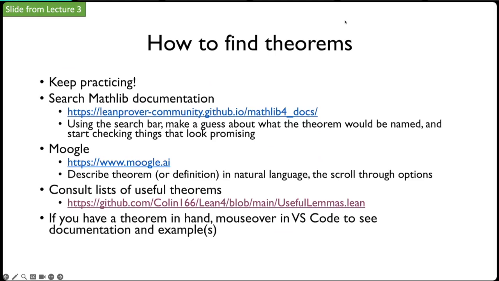We mentioned the ASUP tactic. We didn't use that in any examples, but ASUP is one way you can try a bunch of things to prove it, and then if it finds certain theorems in MATLAB are useful, it will tell you which ones it found. And again, you can use mouse over in VS Code to get documentation and examples.